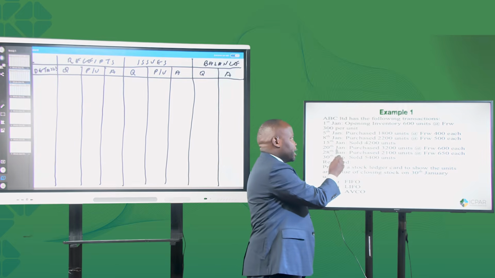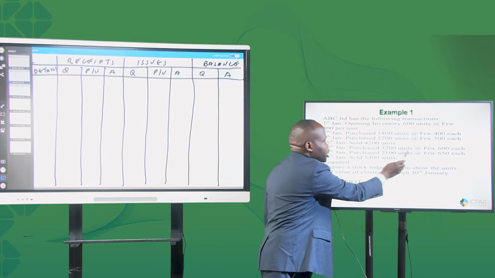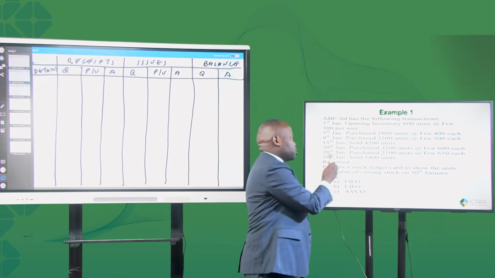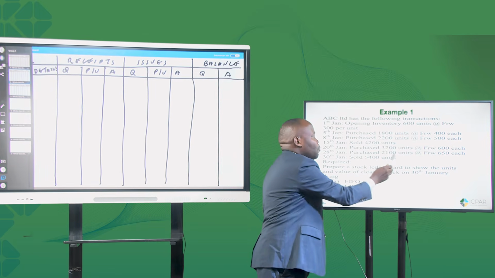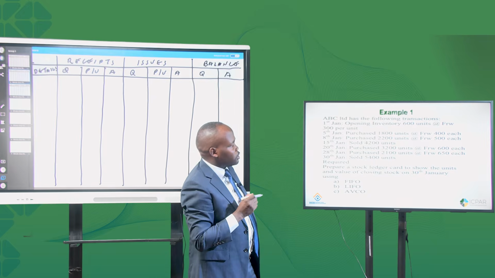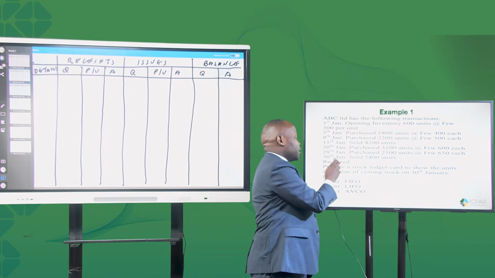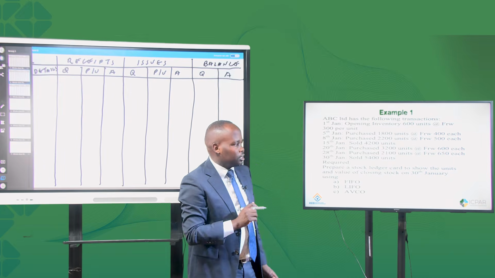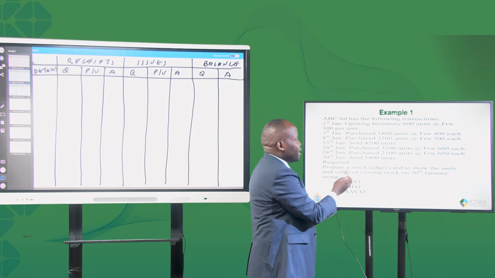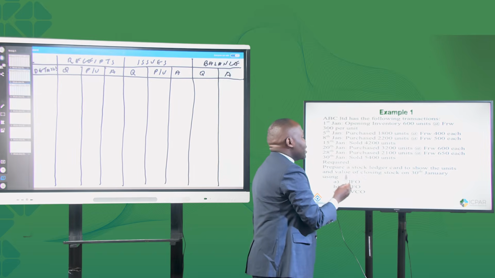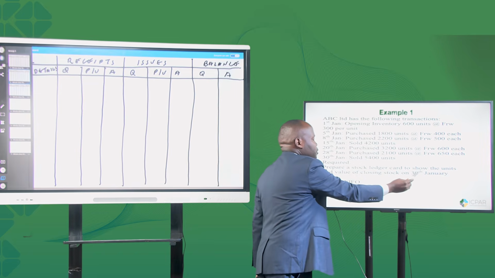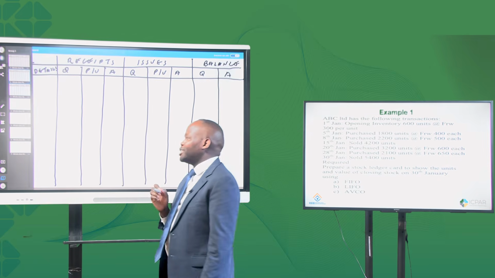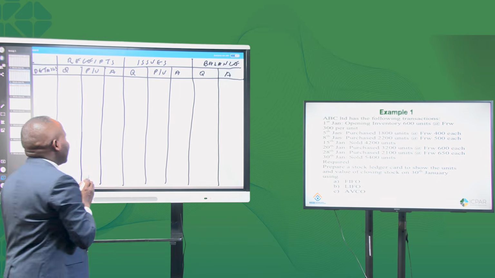On the 20th of January, we purchased 3,200 units at a price of 600. And then on 28th January, we purchased 2,100 units at a price of 650. And on 30th January, we sold 5,400 units. So we want to determine the units and value of closing stock on 30th January using the second method, which is last in, first out.